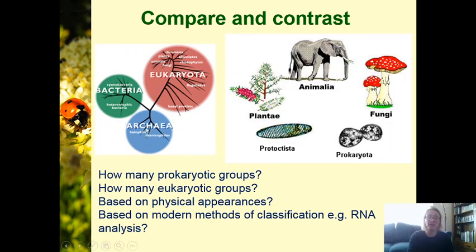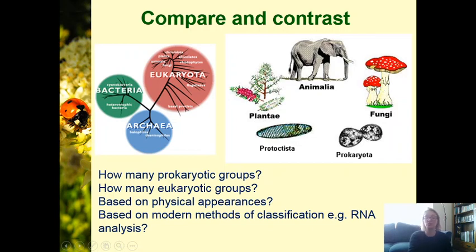So we now have two prokaryotic groups and one eukaryotic group in the domain system. If we look at the kingdoms, then we've got one prokaryotic group, and all the rest of these are eukaryotic groups.